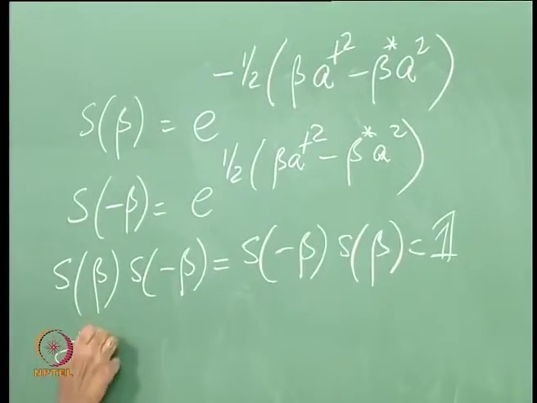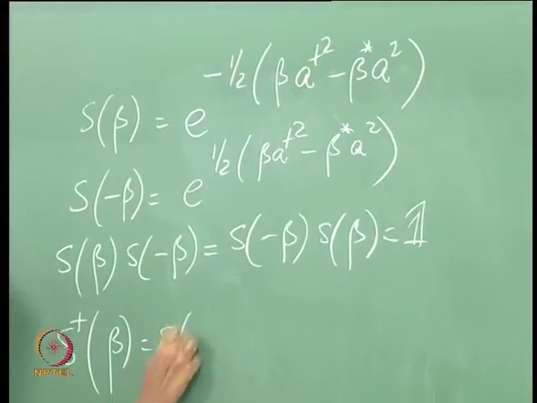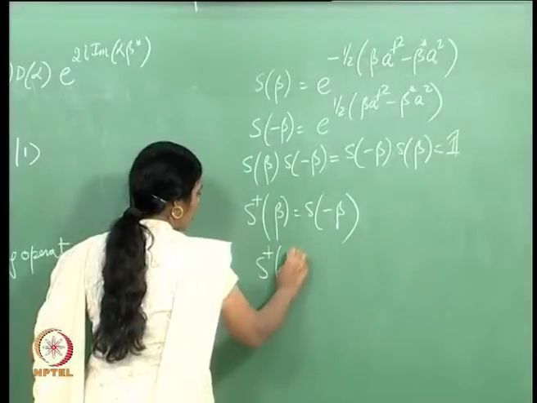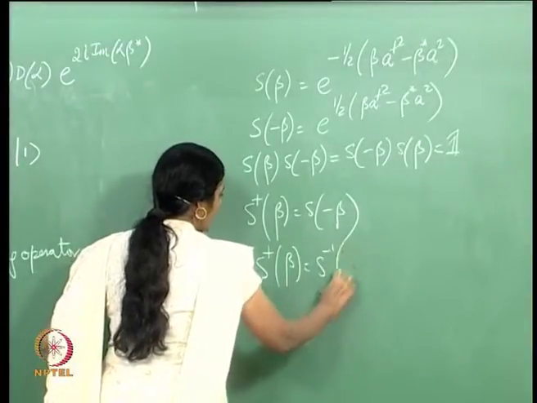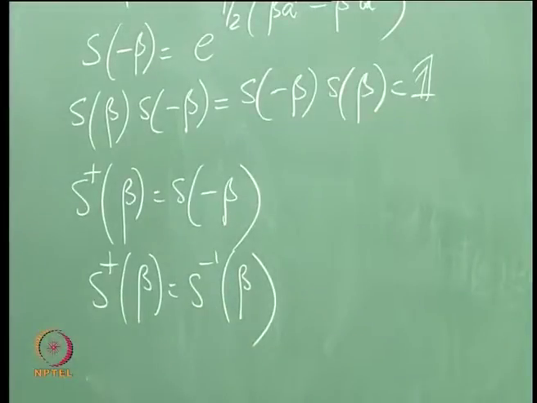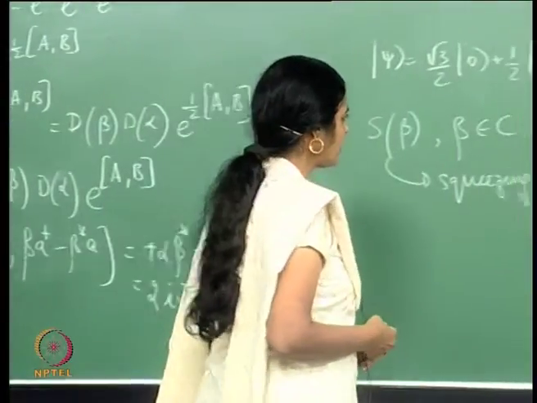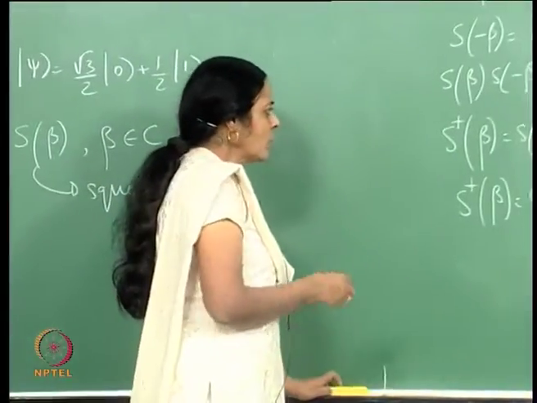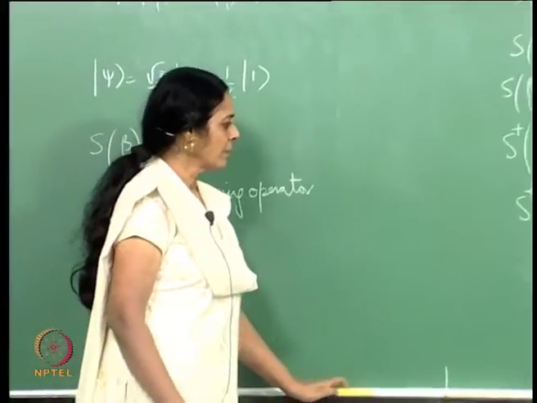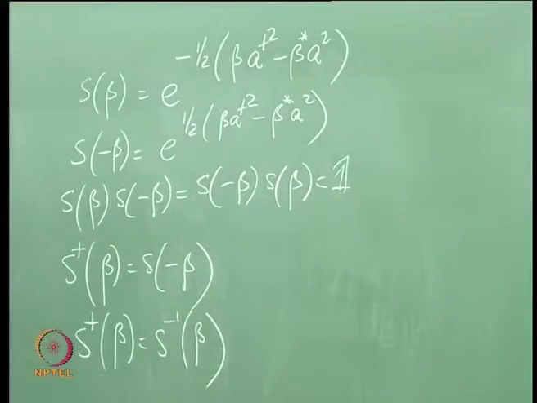Therefore, S dagger of beta is S of minus beta. This is a unitary operator, and therefore S dagger of beta is S inverse of beta. Even as the displacement operator is a unitary operator, the squeezing operator is another unitary operator. Now, let us find out the action of the squeezing operator on a and a dagger.